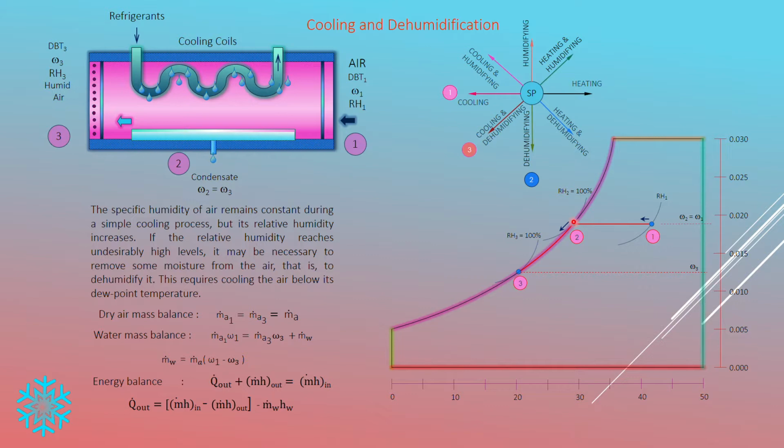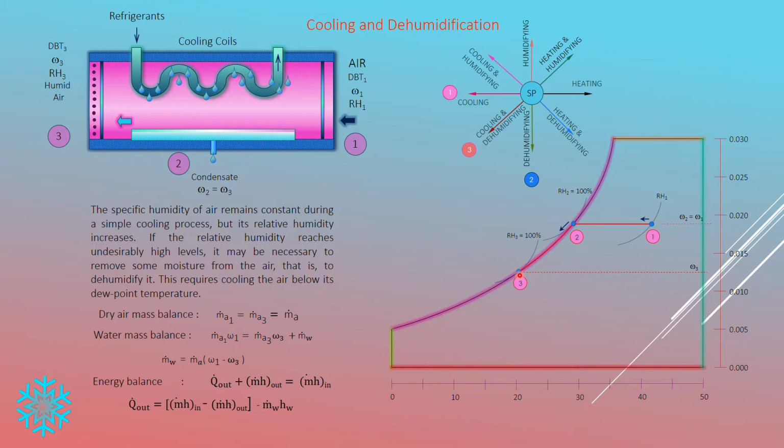As it reaches 100%, any further cooling will cause a drop in specific humidity. That means it will cause the removal of moisture from the air. So you follow this path downwards until you reach a new omega 3.